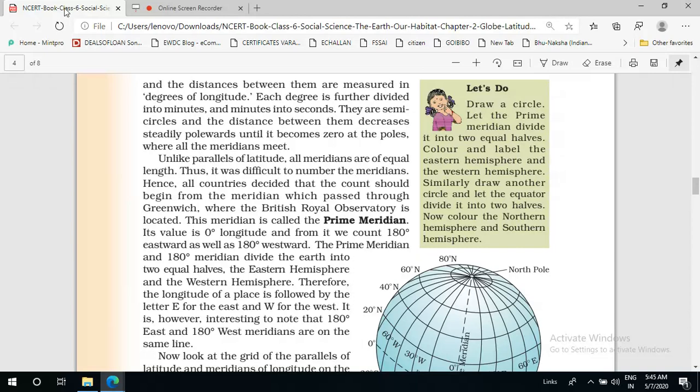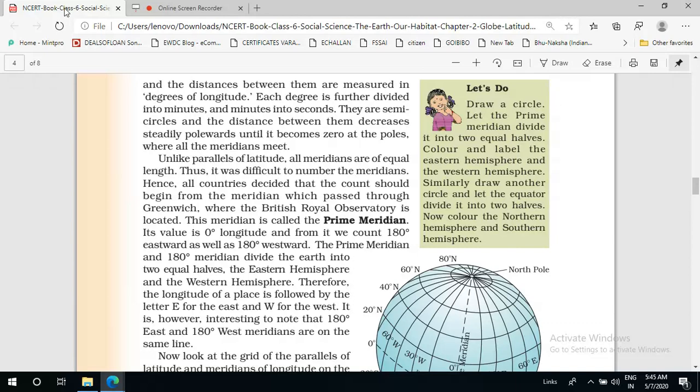And I have also told you that from this 0 degree longitude, we count 180 degrees eastward and 180 degrees westward. In this way, the whole Earth is divided into 360 longitudes.